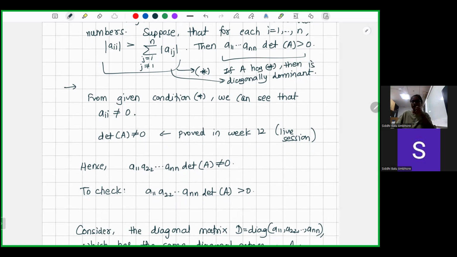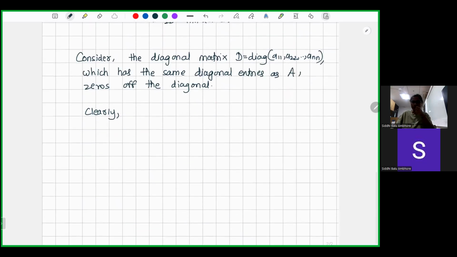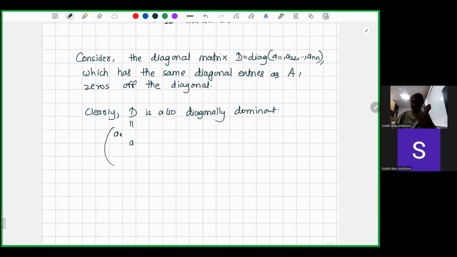And clearly D is also diagonally dominant, because all the rest of the entries are off diagonal. D is basically a11, a22, up to ann on the diagonal, and the rest are all 0.